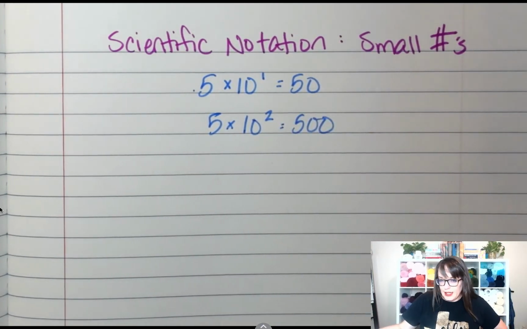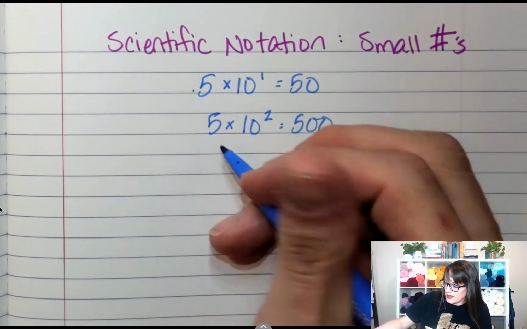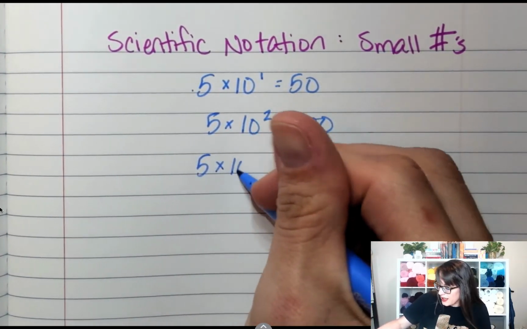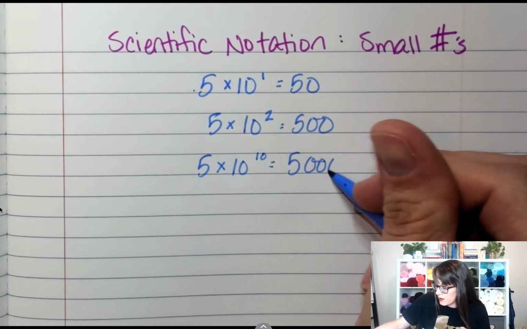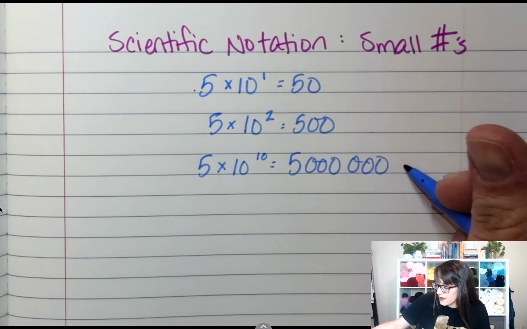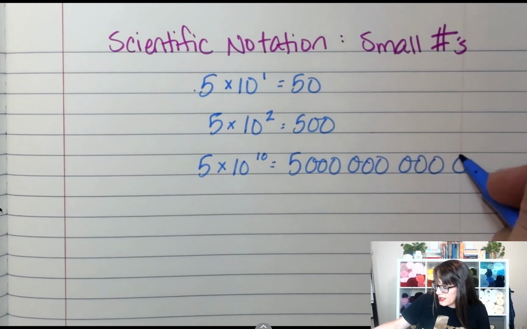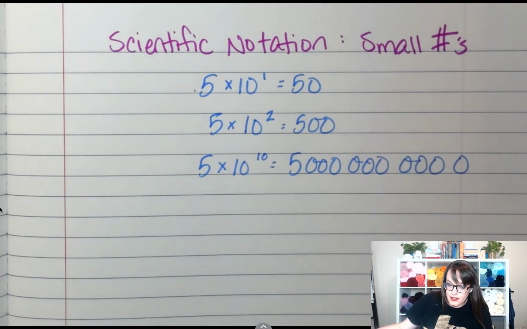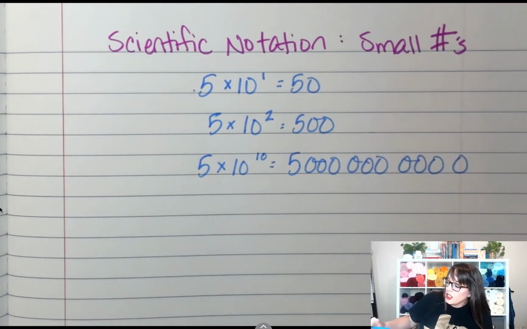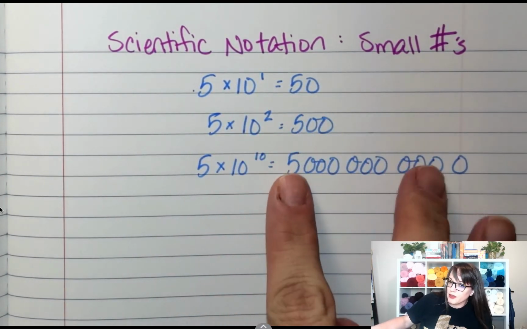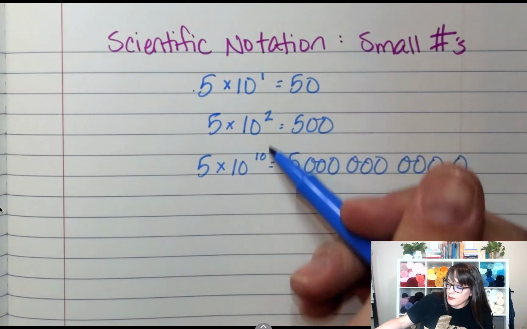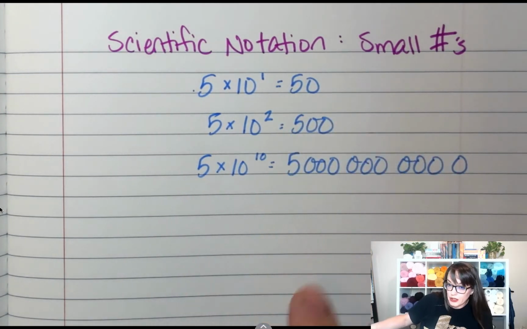As I add digits, 5 times 10 to the 10th would be a 5 with 1, 2, 3, 4, 5, 6, 7, 8, 9, 10 zeros after it. As my exponents get larger, my numbers get larger.